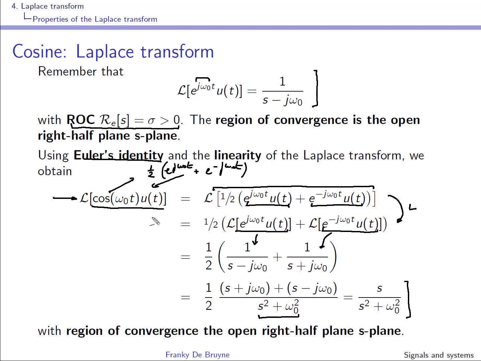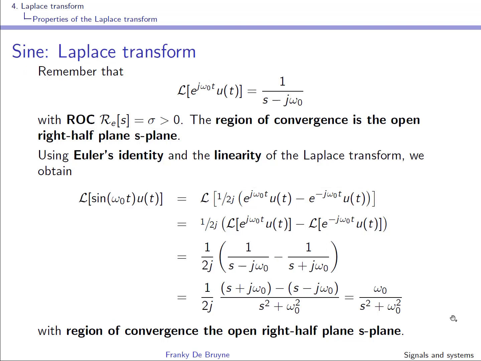Since you have used two Laplace transforms, they both have region of convergence sigma larger than 0. The intersection will remain the same, so the region of convergence for the Laplace transform of a cosine is the open right half S-plane. This means that it's to the right of sigma equal to 0.